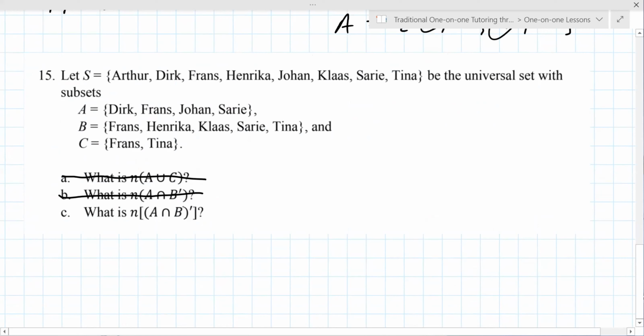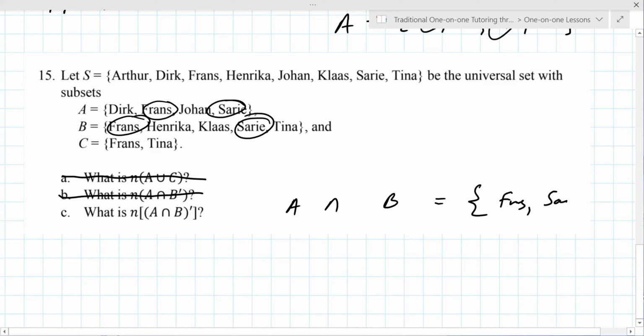What's in both A and B? Franz is in both, and Sari is in both. So A and B is Franz and Sari.